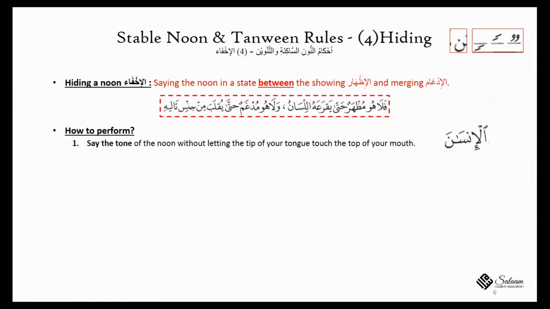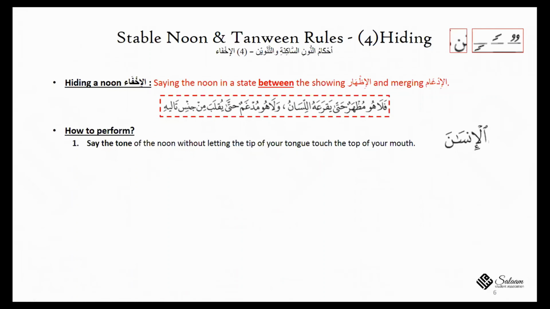Before we begin, I just need to say that the noon has two parts. A part coming from the nose, which is a tone, and a part coming from the mouth, which is letting the tongue touch the top of the mouth, just behind the teeth.